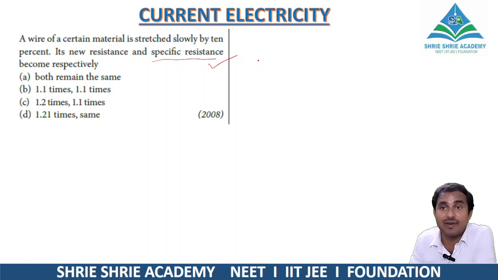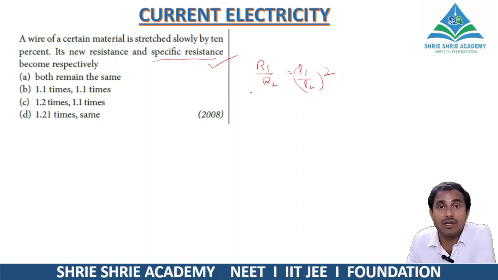I told you that if it is stretched, then you can use the formula R1 by R2 is equal to L1 by L2 the whole square. Now, here you have been given that it has been stretched by 10%. So whatever length was there, 10% of that has been increased.